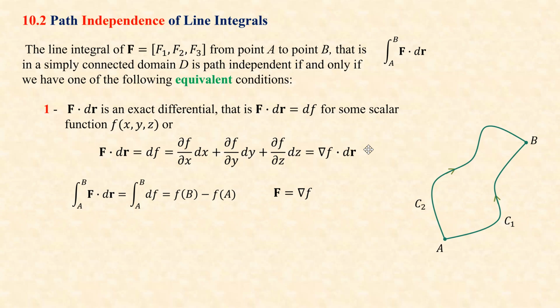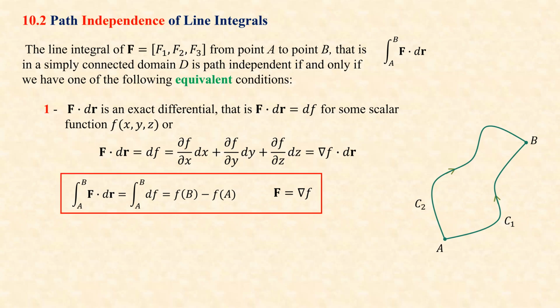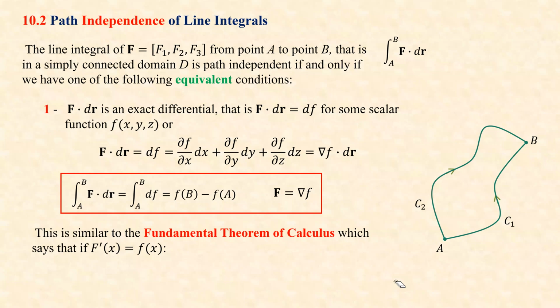All right, and so this not only tells you that the line integral is path independent, it also tells you how you calculate the line integral. If you know this f, you just calculate at b and calculate at a and subtract, like what we do in normal integration. This is similar to the fundamental theorem of calculus that says if you have a function capital F whose derivative is the lowercase f function, then integral from a to b of f(x) dx becomes capital F evaluated at b minus capital F evaluated at a.